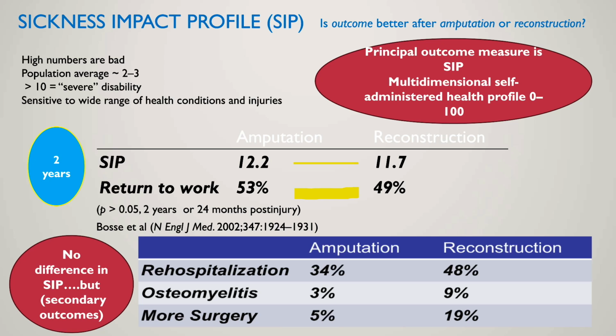This is very important. It's a bit busy slide, but it tells everything about what the LEAP study is. So they found an outcome measure, which is the principal outcome measure for this study. Nothing else. It is called sickness impact profile, or SIP. This is an outcome measure from 0 to 100.